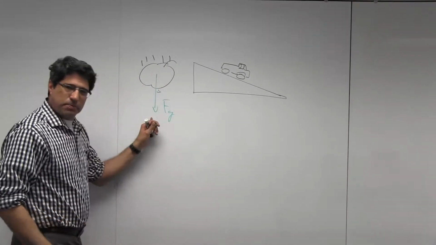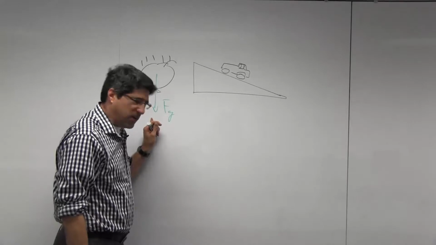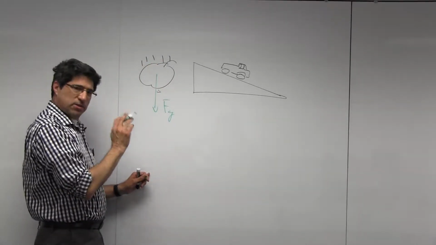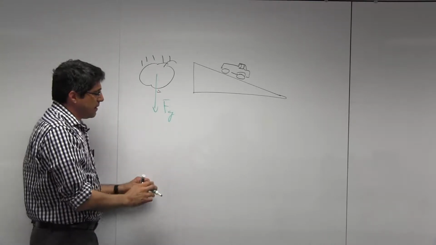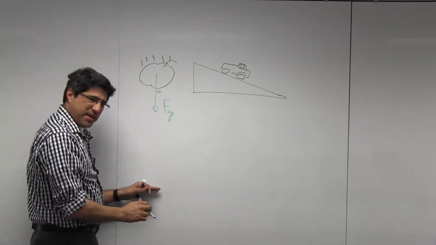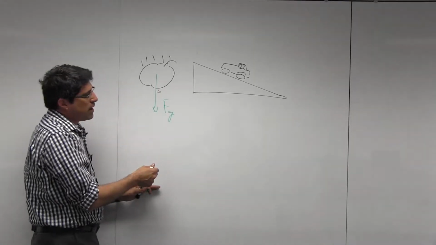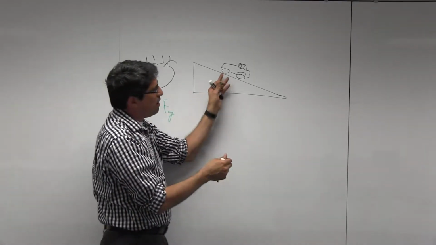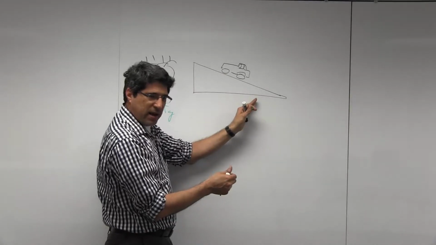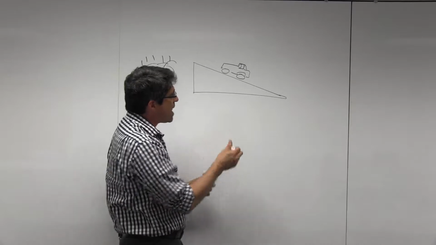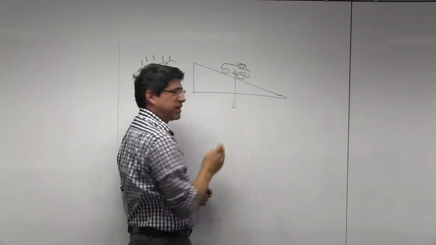This is easy to explain. An apple falls downward because it feels a downward force, also called weight, by the way, because the earth is down here and it pulls the apple downwards. So if a car on an inclined plane goes down because of gravity, why does it not go straight down?